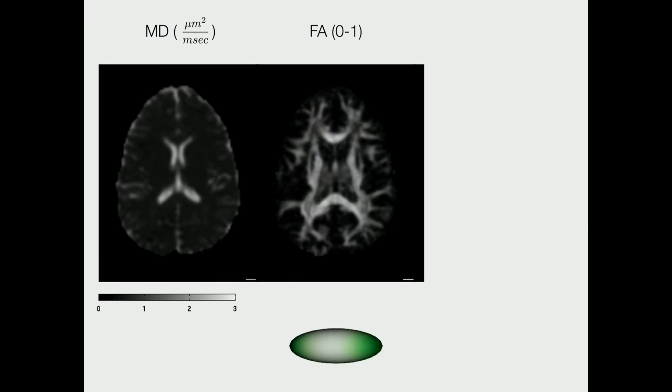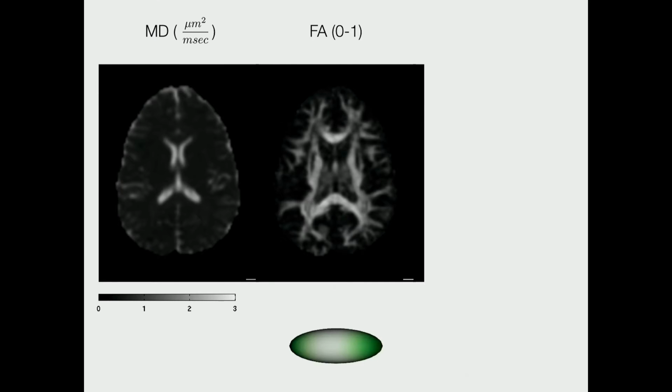These are called ventricles. They're water-filled spaces inside our brain. And in these ventricles, there's more diffusivity than, say, in the white matter here. So that tells us a little bit about the physical properties of the tissue in different parts of the white matter.